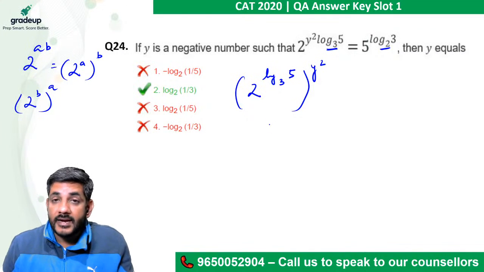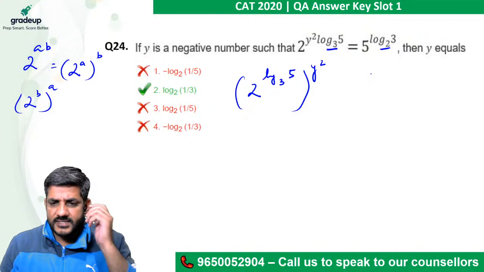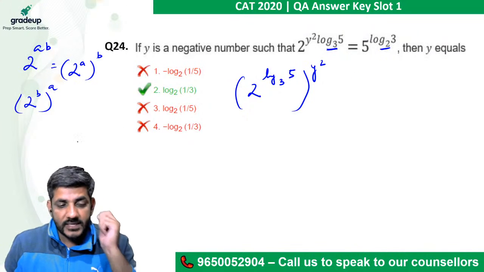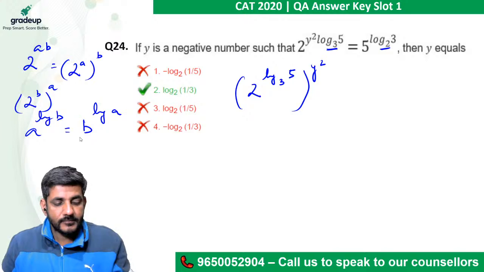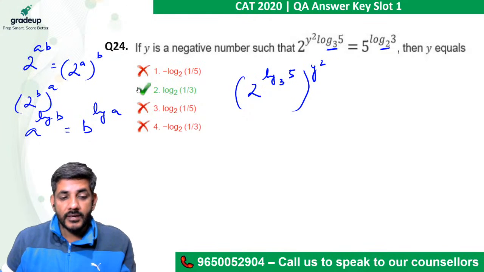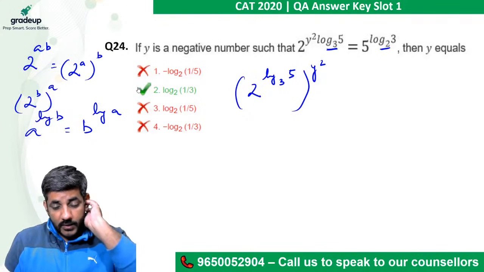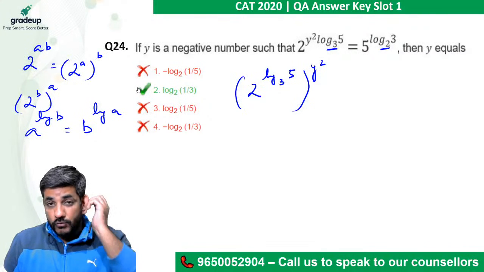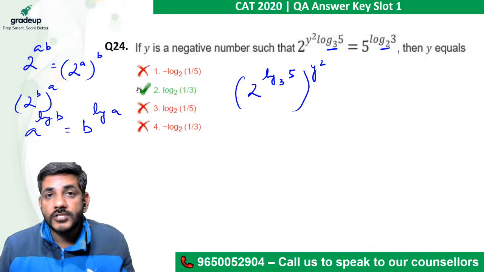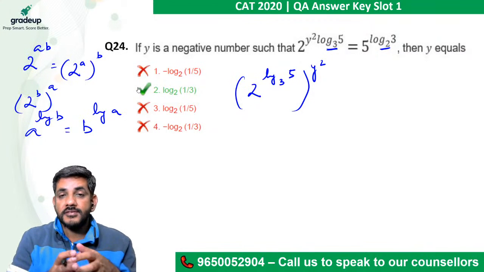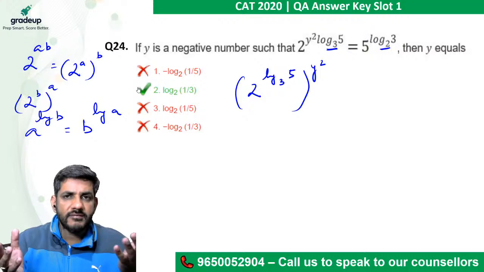Okay, I can write this. On the right hand side, still it is 5 to the power something. Now there is another property that a to the power log b can also be written as b to the power log a. I'll again say that all the people who would have prepared for CAT will find that these questions were actually easy, because if you have studied these properties of log, you can straight away use them.